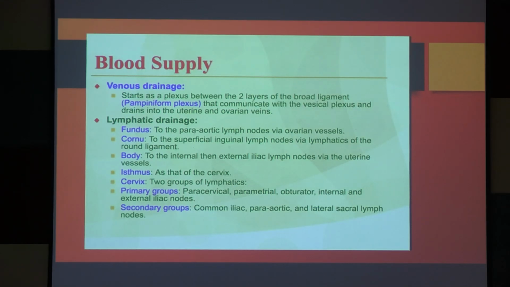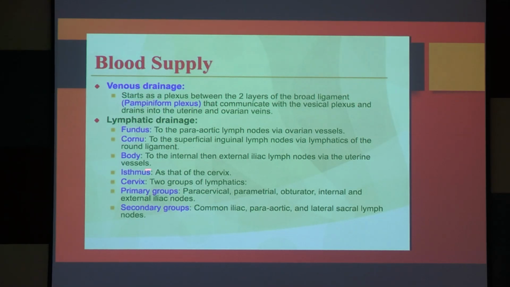So if you try to remove the lymphatic supply or spread of the cancer, then you have to remove the para-aortic lymph nodes, which is not very easy for the average surgeon. And from the cornu it also goes along the round ligament to the inguinal group of lymph nodes. So if cancer from the body of the uterus spreads, it will spread to distant areas, and it is very difficult to remove all those things.